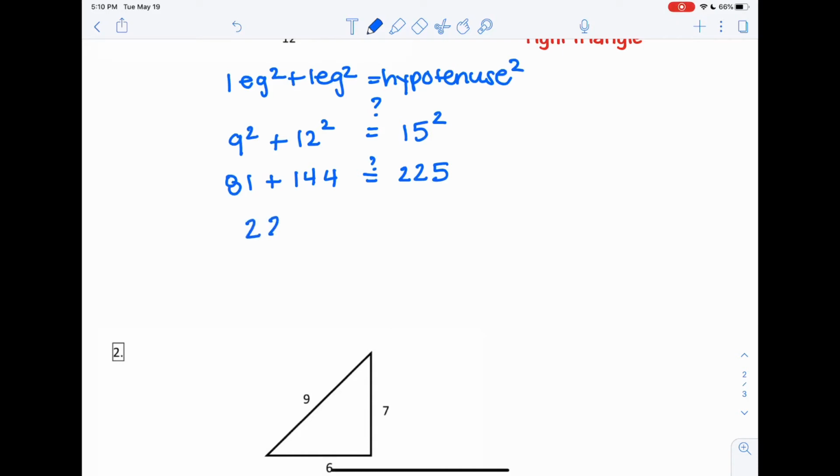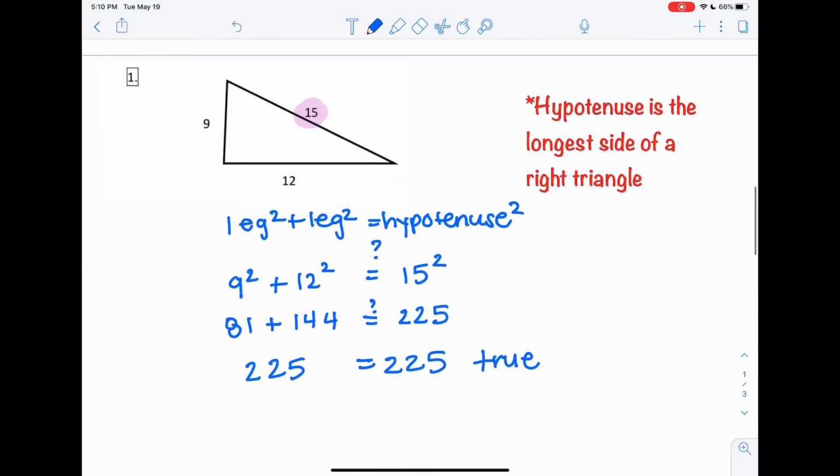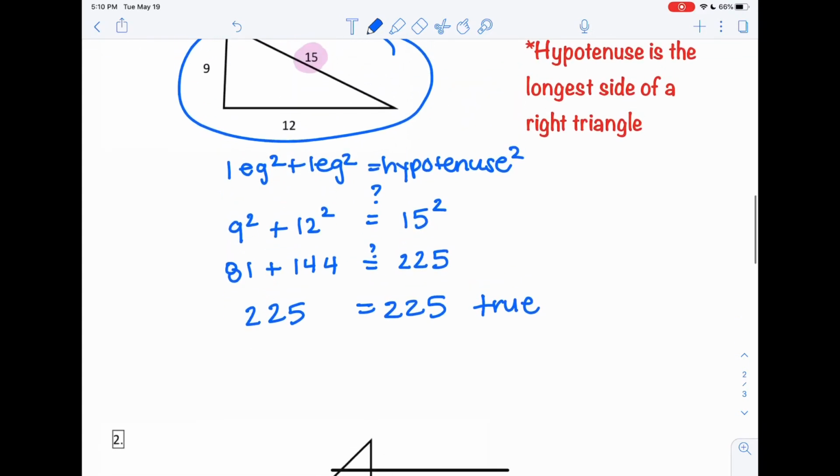So 225 equals 225. So this is a true statement. So that means that this triangle is a right triangle. So we just proved that since this follows the Pythagorean theorem, this triangle has to be a right triangle.